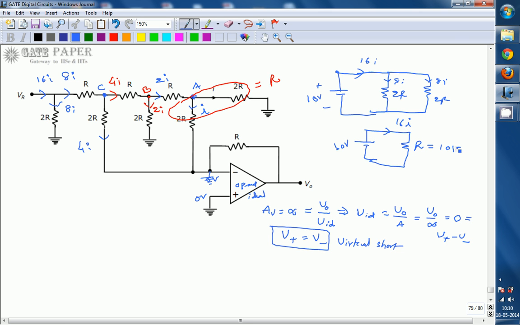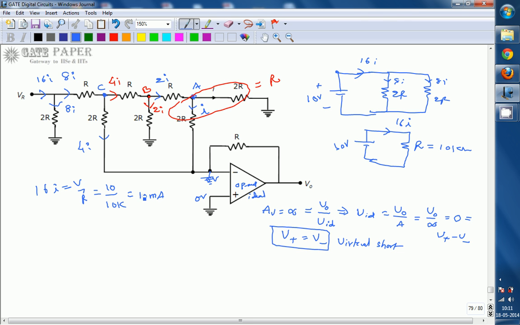R value is given as 10 kilo ohms. So from this one we can calculate 16I is equal to V by R, which is nothing but 10 volts divided by 10 kilo ohms, which is nothing but 10 milliamperes. Sorry, 1 milliampere.